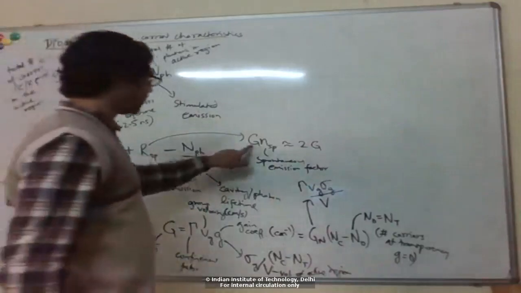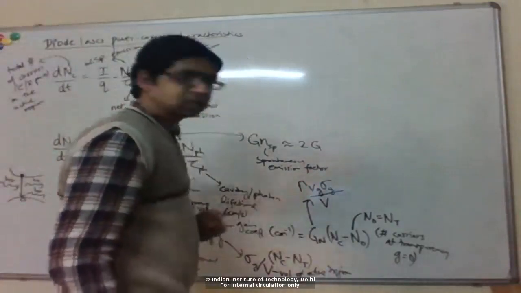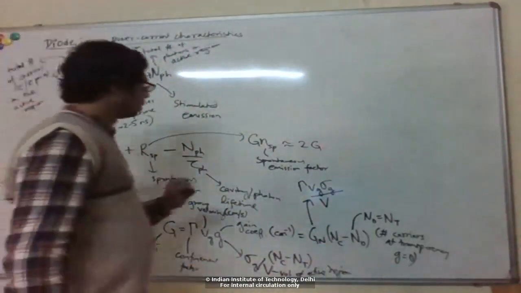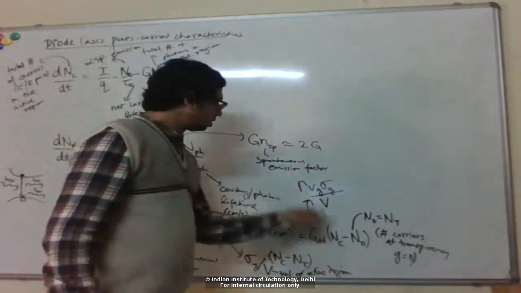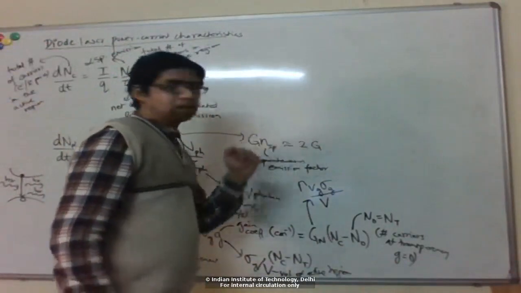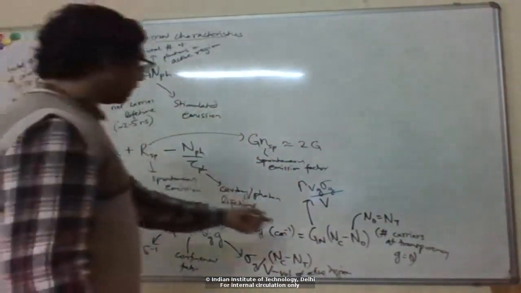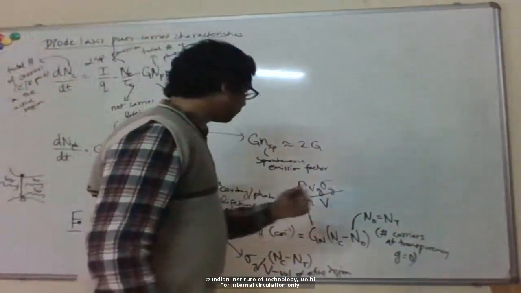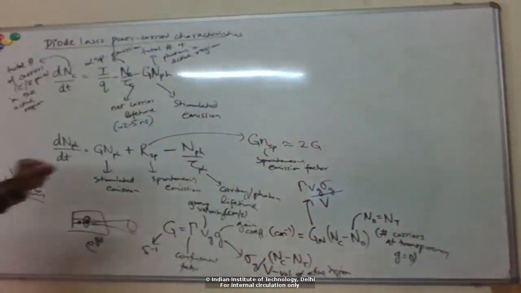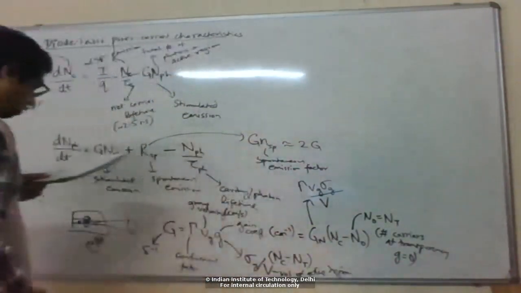This capital G we can see from here is basically proportional to the carrier concentration, and the proportionality constant again depends on these factors here. What is this NSP?